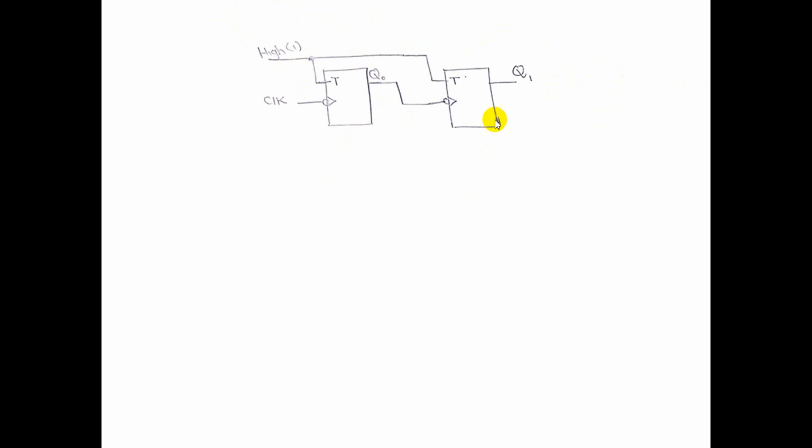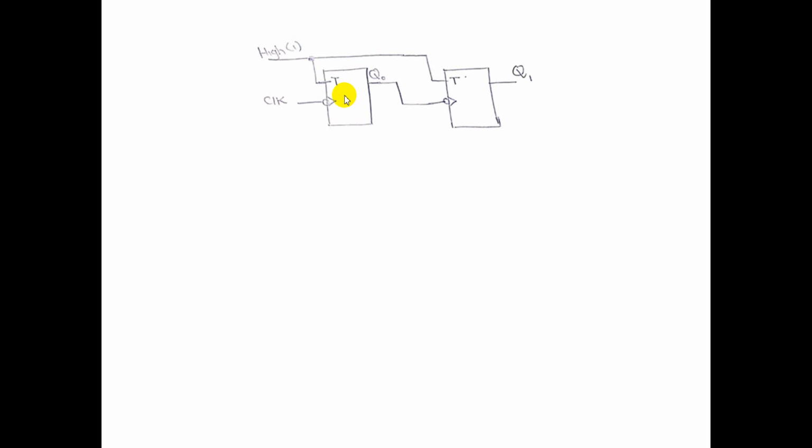So I have constructed the binary up counter, which is a 2-bit binary up counter because I have used two flip-flops here. The T inputs of both flip-flops are connected together and given logic 1, which means it will always be high. So whenever a clock transition comes, depending upon the high input, it is going to complement whatever the current state it has.